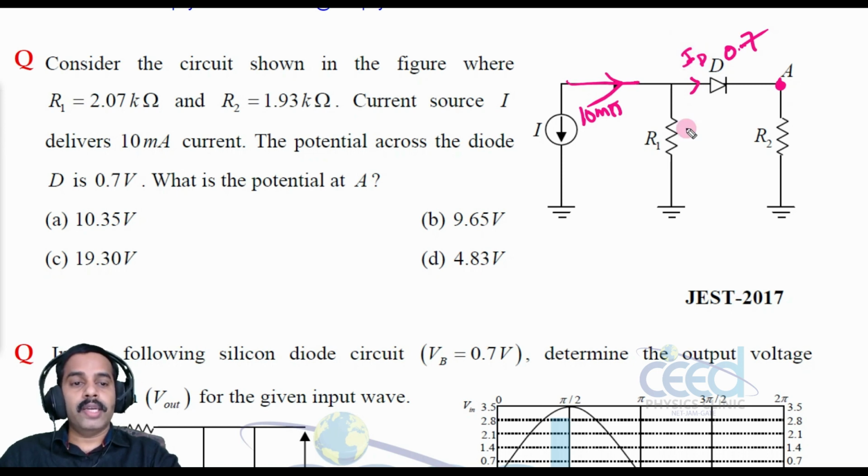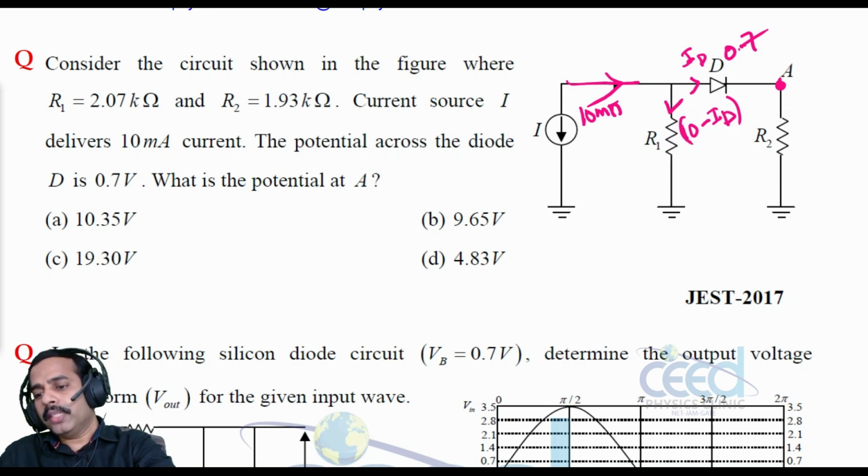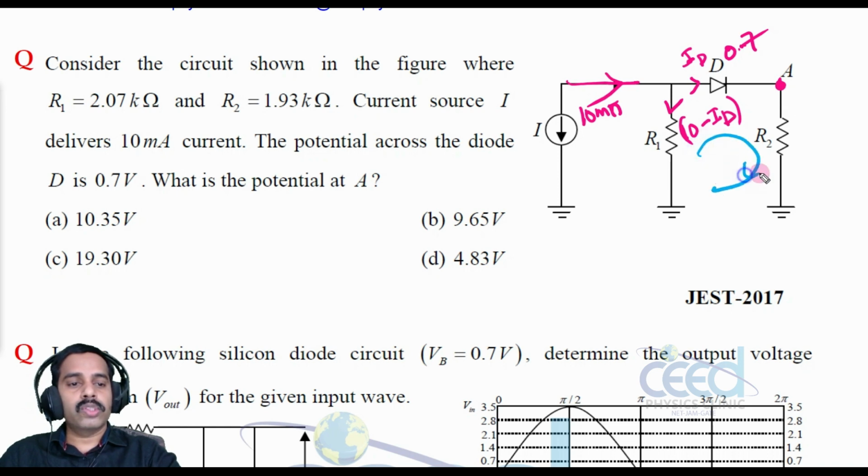What is the current through R1? Out of 10 milliampere, ID passes through the diode, and the remaining part, that is 10 minus ID, goes through R1. Now let me apply Kirchhoff's rule across this loop.